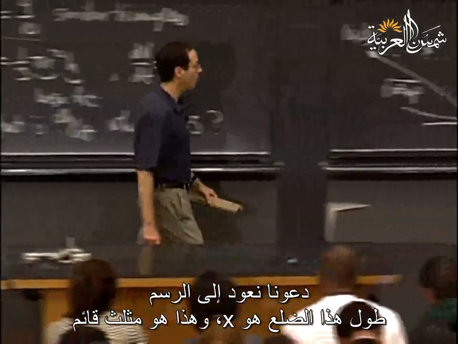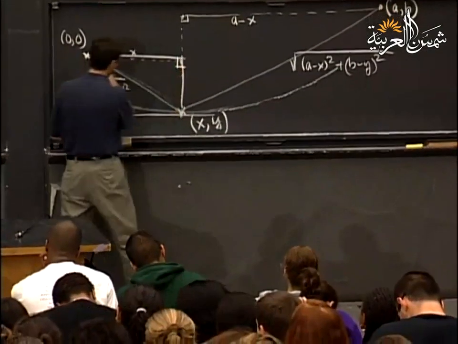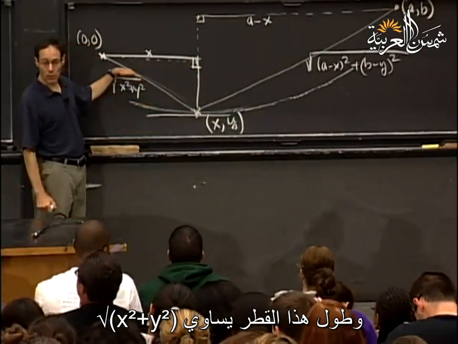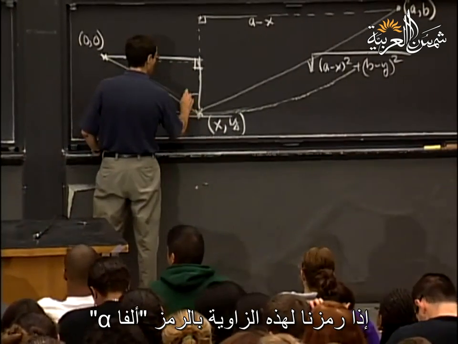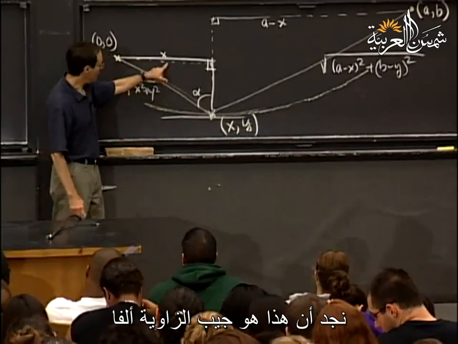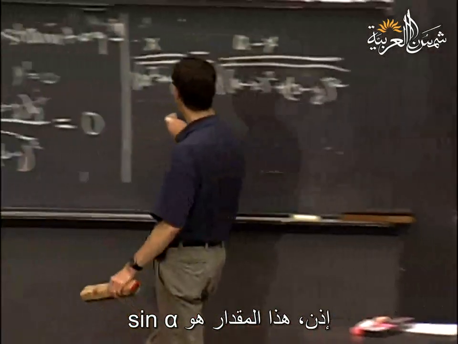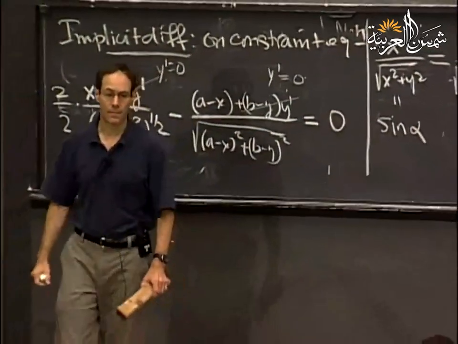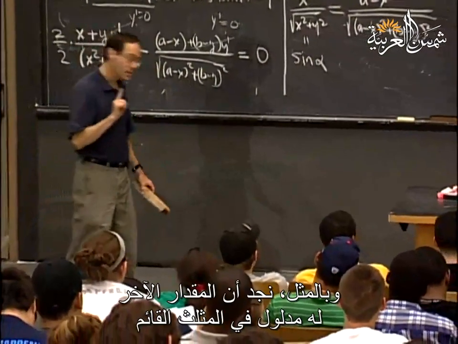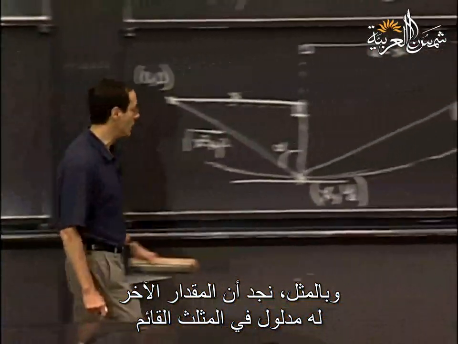Namely, if I go over to the picture, here was x, and this was a right triangle, and this hypotenuse was square root of x squared plus y squared. So if I call this angle alpha, then this is the sine of alpha. All right? It's a right triangle. That's the opposite leg. So this guy is the sine of alpha. Similarly, the other side has an interpretation for the other right triangle.